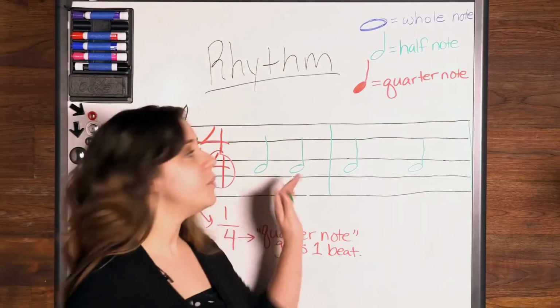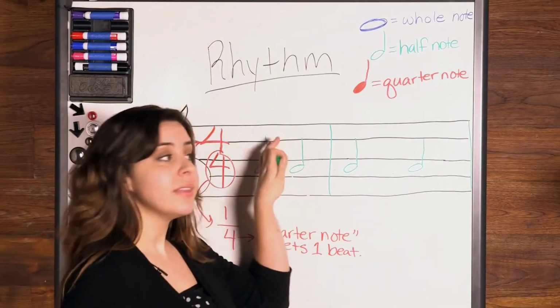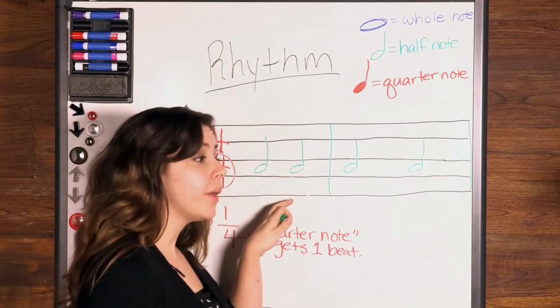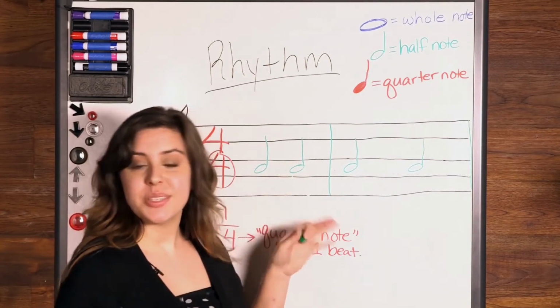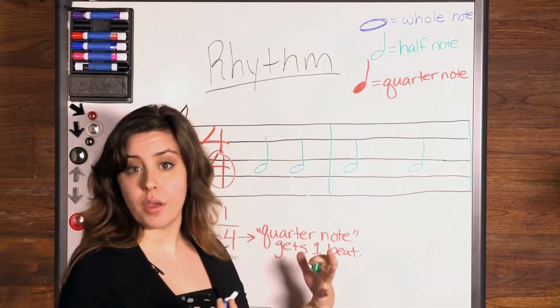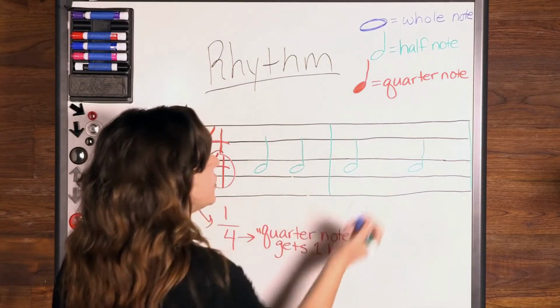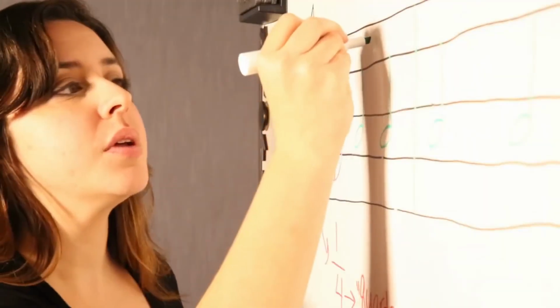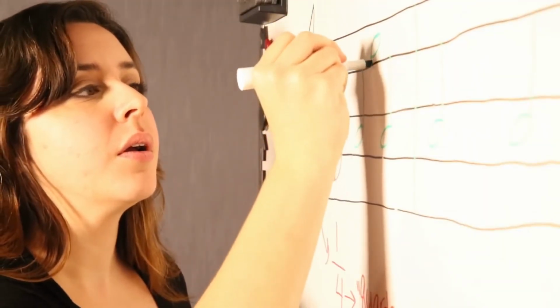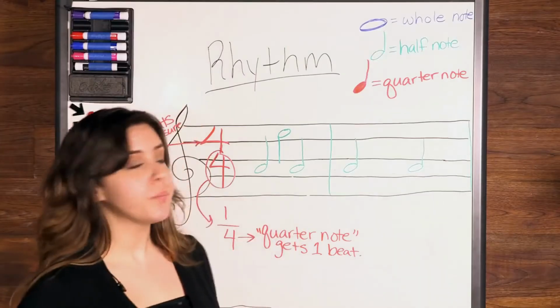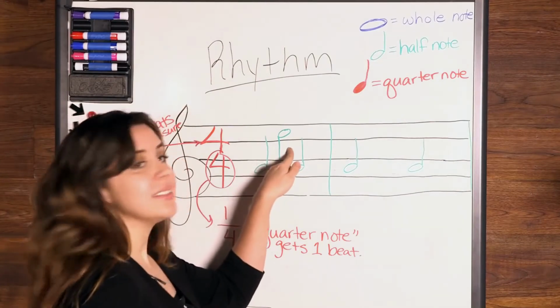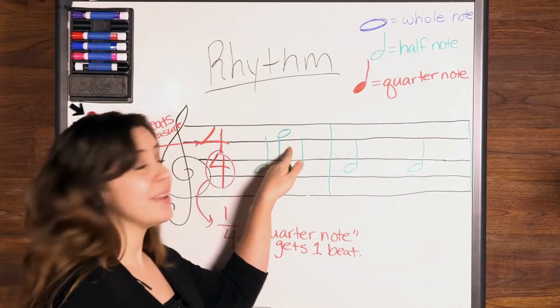By the way, these tails could be these little flags here. They can be facing up or down. It just depends on where on the staff they are, but they still get the same amount of time. So if you were to, for example, see a half note up here, with its tail pointing down, it still gets the same amount of time.